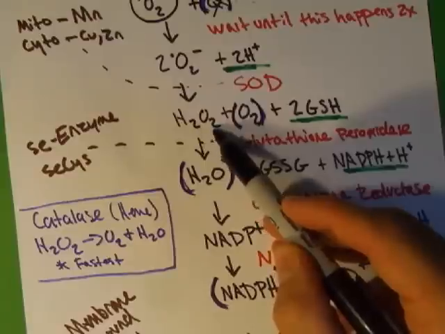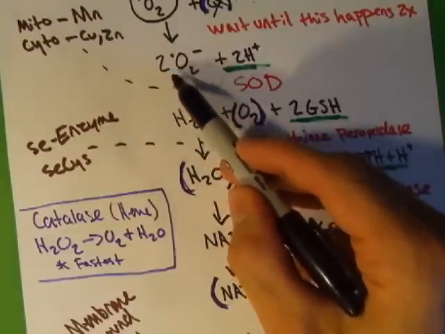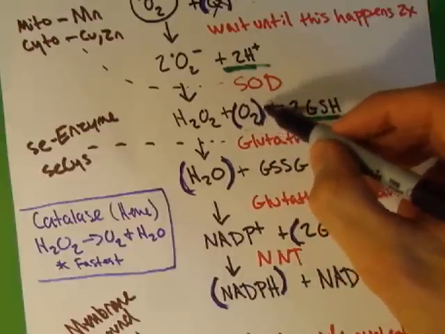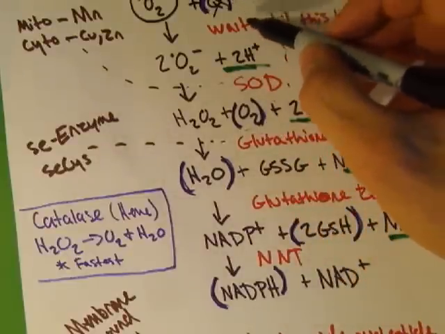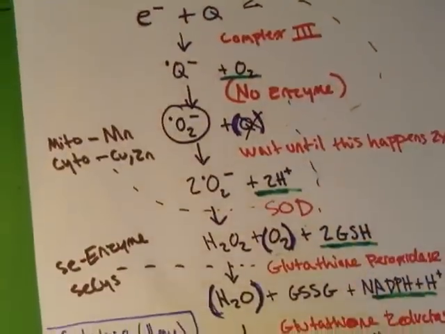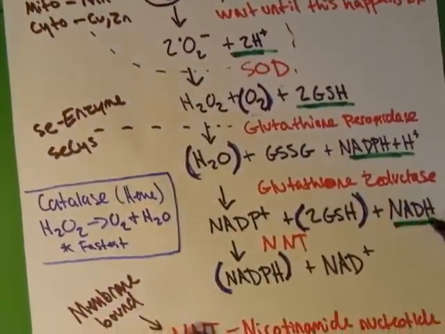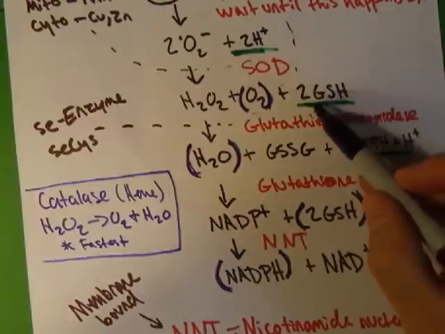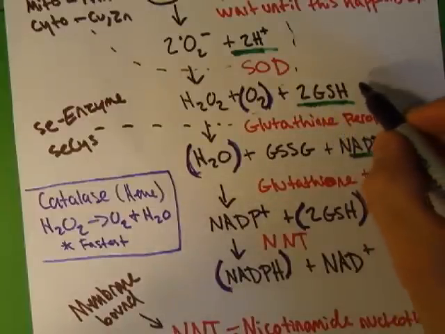That'll take care of one of the oxygens, one of the two. The other one will go away. You're back to that oxygen. It's in parentheses. We no longer care about it. It's back to where it entered up in this step here. Two glutathiones enter here in their reduced form.